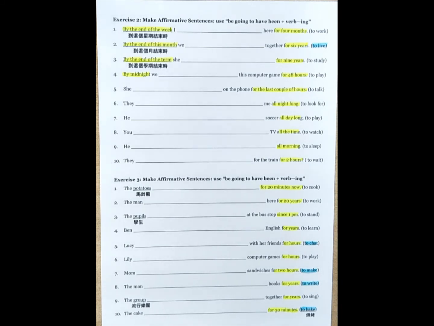Exercise 3. Make affirmative sentences. Use be going to have been plus verb ing. 1. The potatoes are going to have been cooking for 20 minutes now. 2.